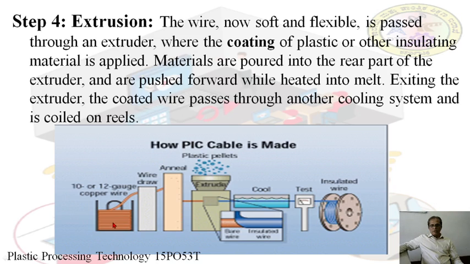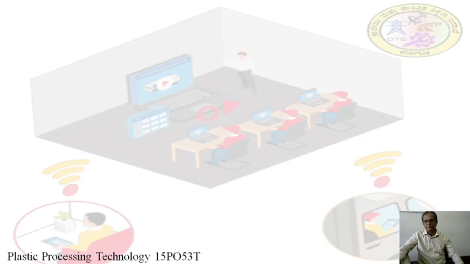So the ready gauged copper wire of a particular gauge is passed through the wire extrusion die. A separate type of die is available, called the wire extrusion die, through which it is passed and coated.